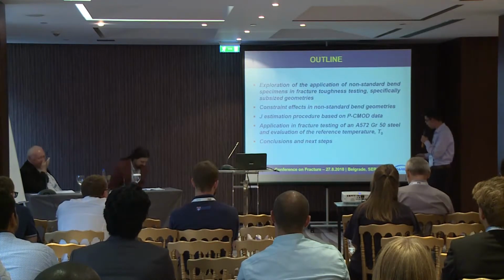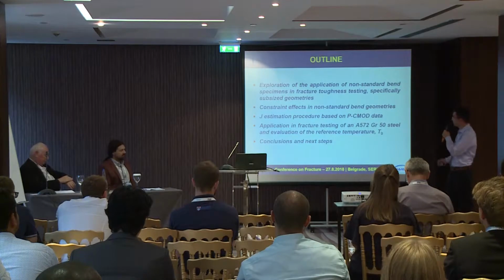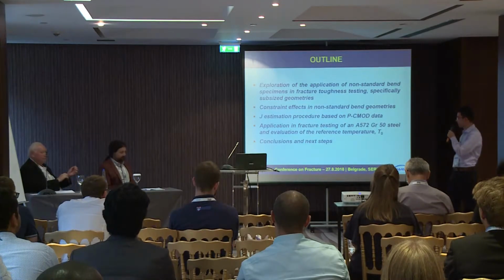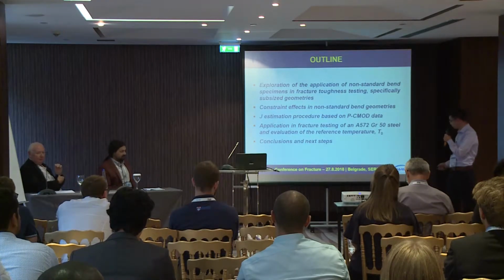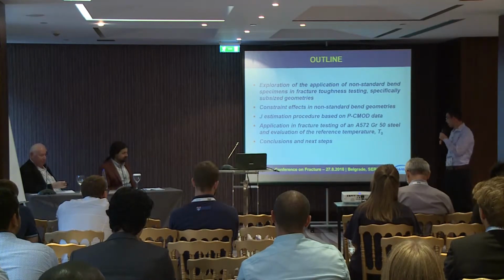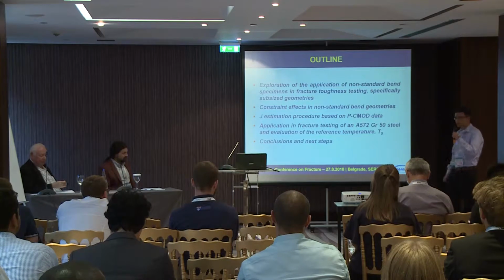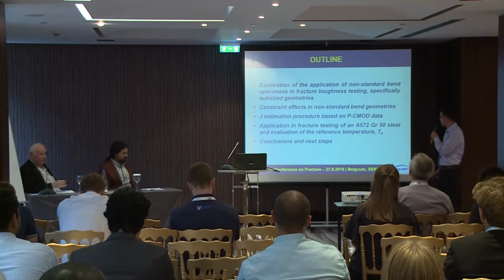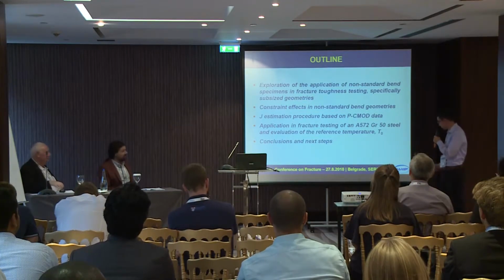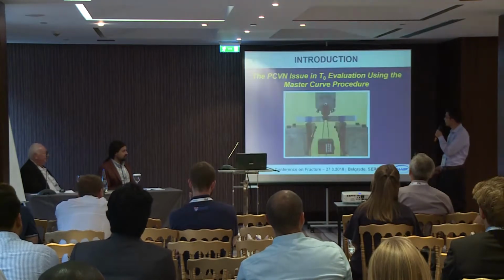Firstly, I'm going to talk about fracture toughness tests, constraint effects, and the estimation procedure in non-standard bend geometries. And after, I will show an application in fracture testing of a typical structural steel and a T0 evaluation of the reference temperature. Finally, conclusions and next steps.